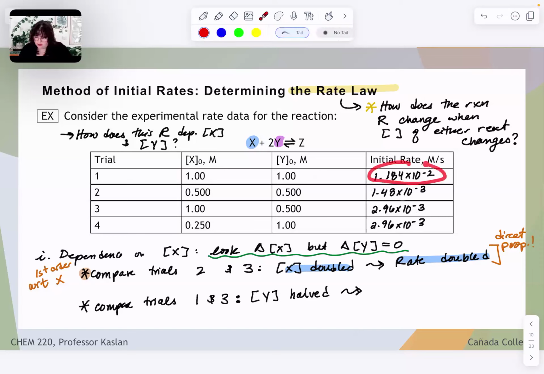So the rate was initially this. And now we need to look at this here. So we have 1.184 times 10 to the negative 2. Let's compare.